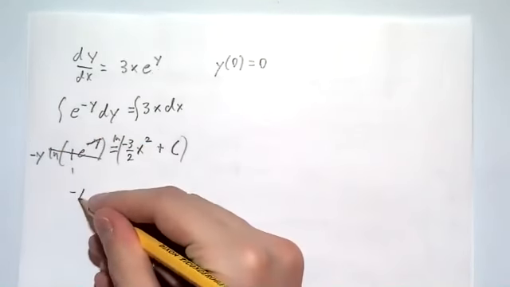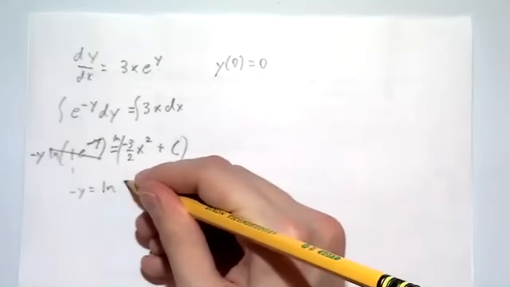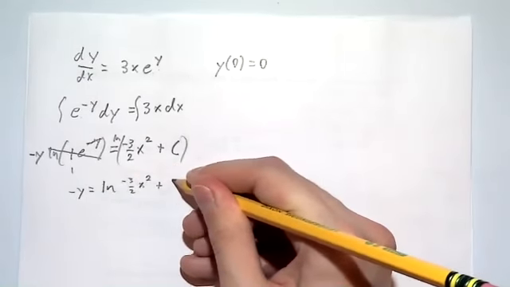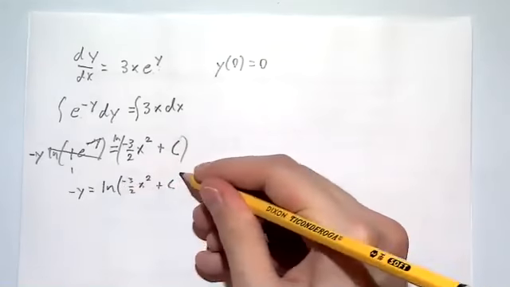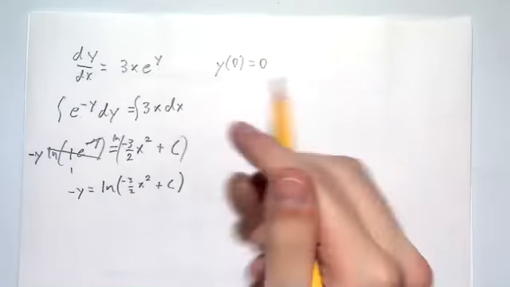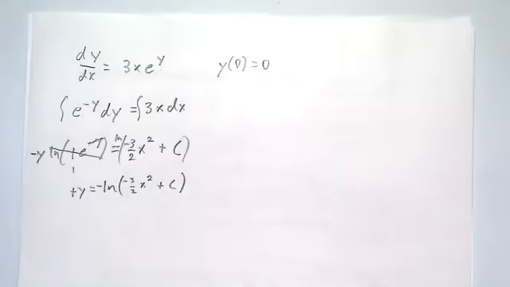So you get -y is equal to the natural log of -3/2 x squared plus c. And then because we have a -y, we want to solve for y. So we just, again, multiply by -1. So you have negative natural log of -3/2 x squared plus c.